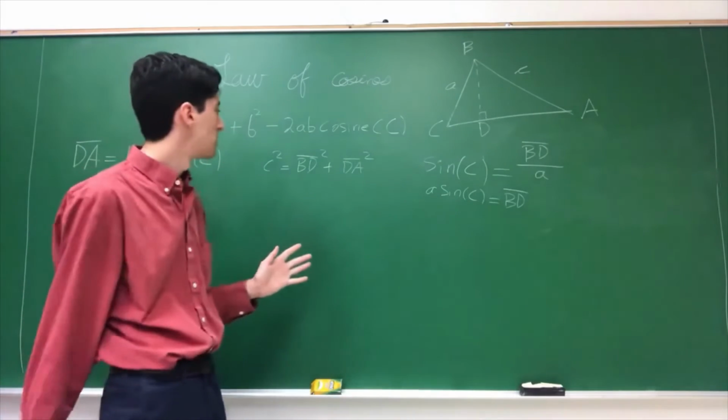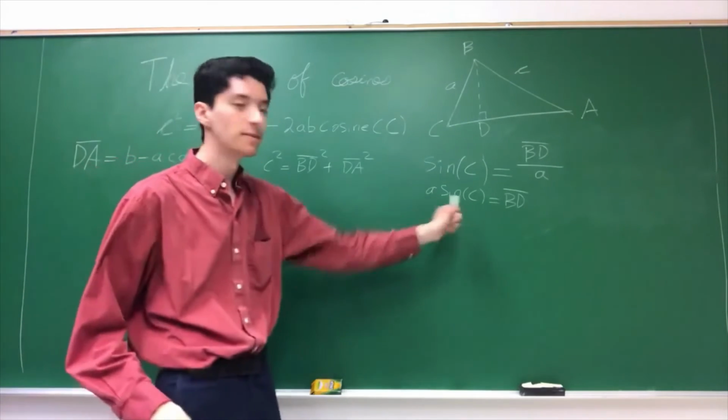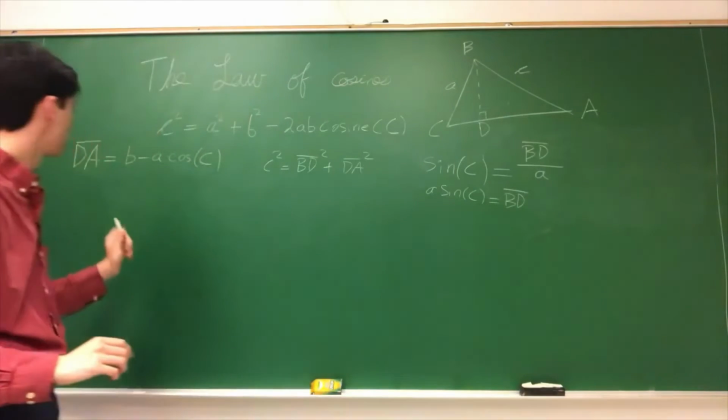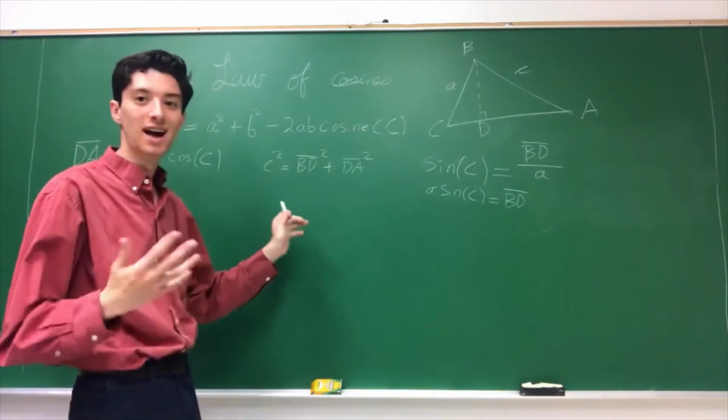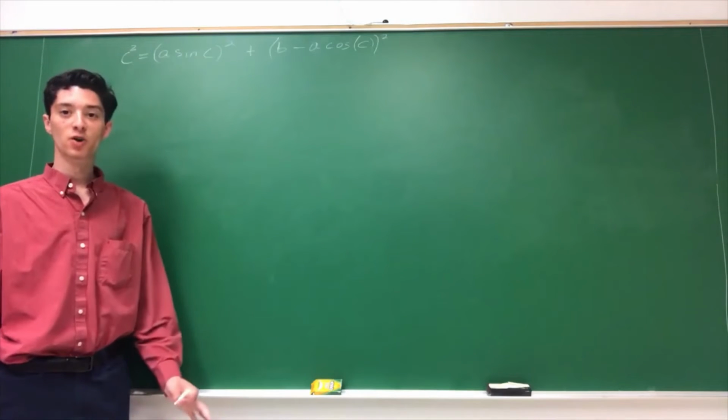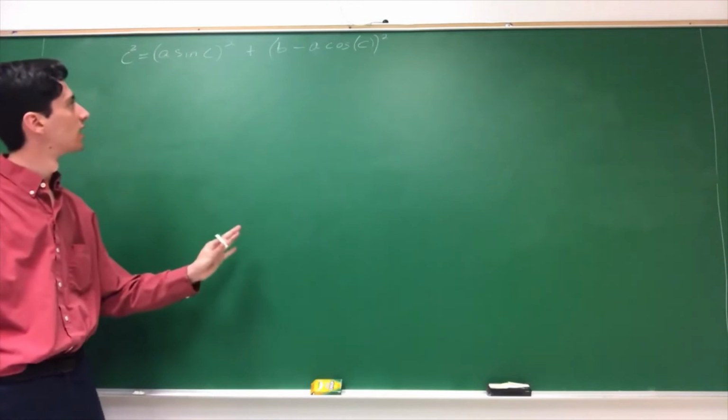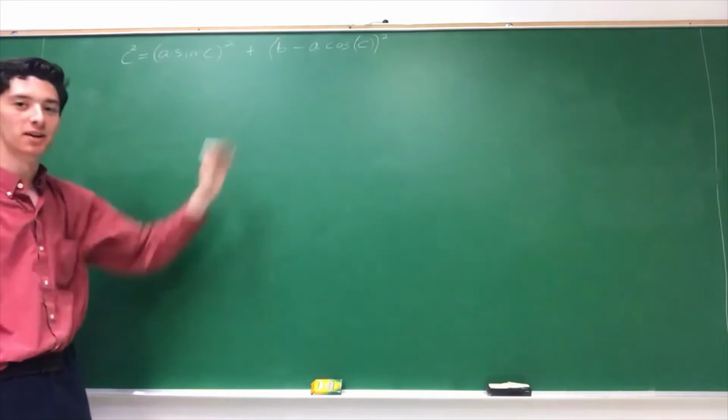So we notice that because we have a formula for BD and we have a formula for DA, which I wrote over here, we can make a substitution as follows. So here I have rewritten our formula, and I've substituted it in.